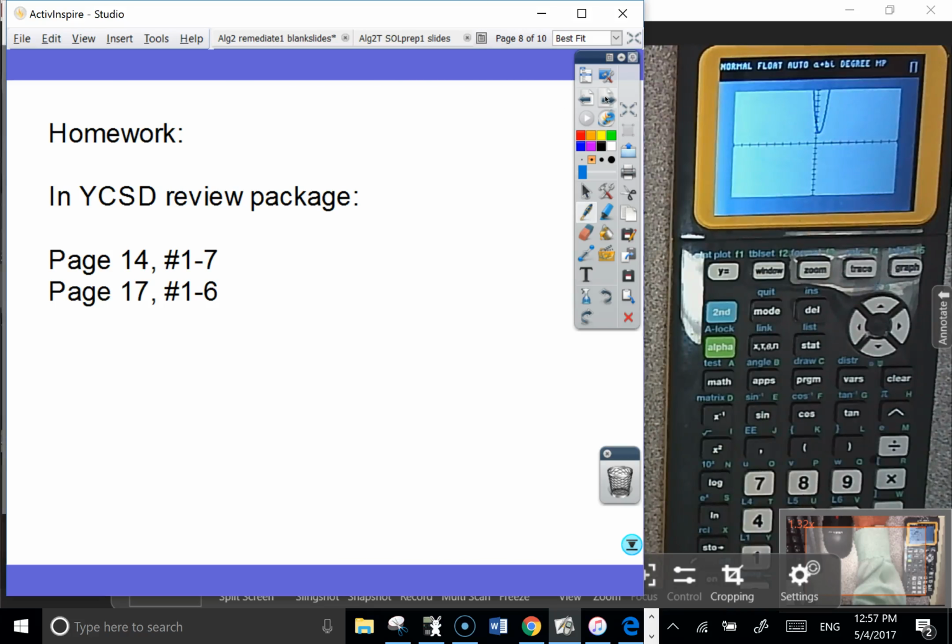So it just adds 2 more pages to that review package to work on.